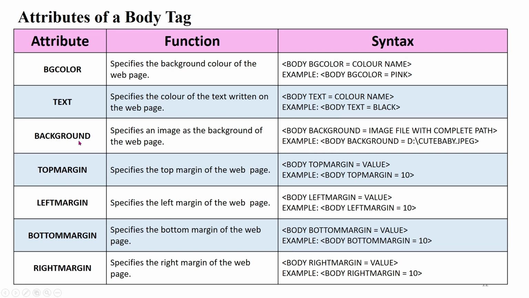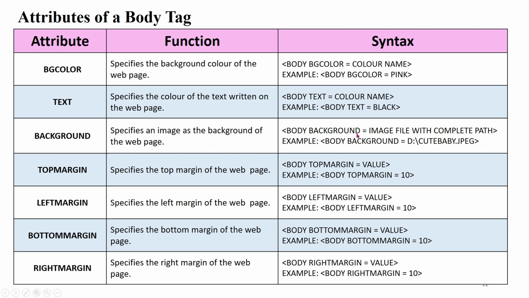Now the background. You can put any background on your web page, just as you decide backgrounds for your desktop in your PC or laptop. Here also, through the HTML program, you can give a background to your web page. This specifies an image as the background of a web page.